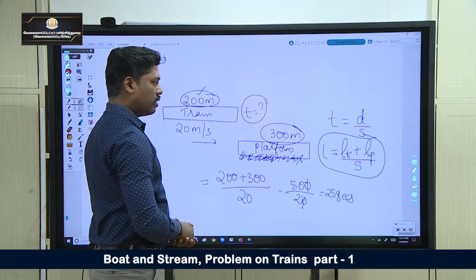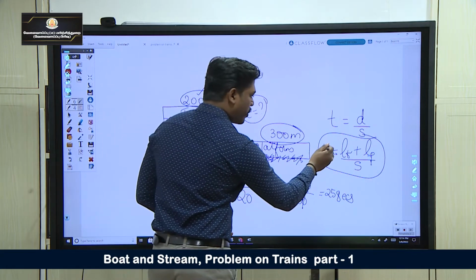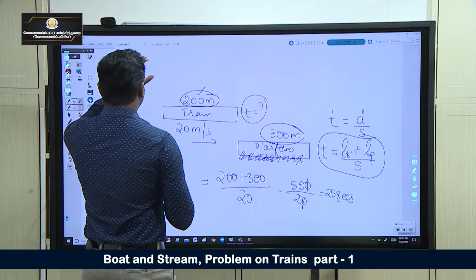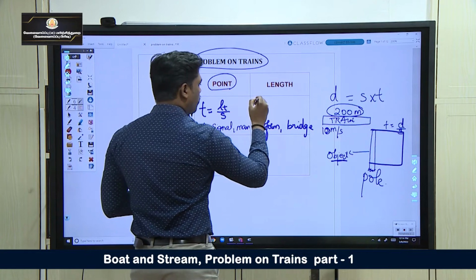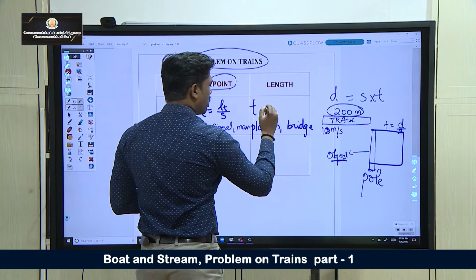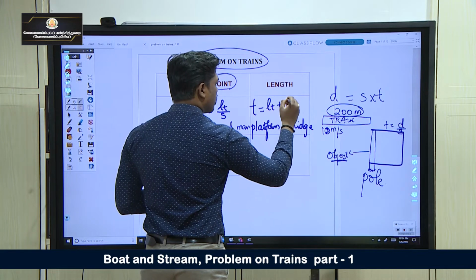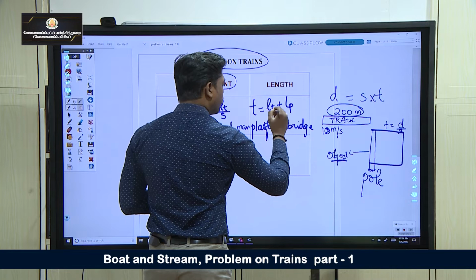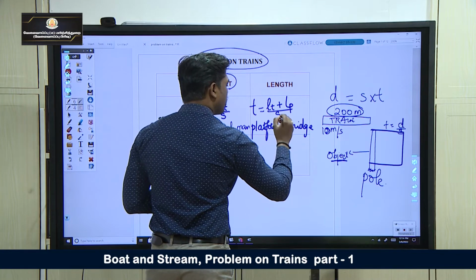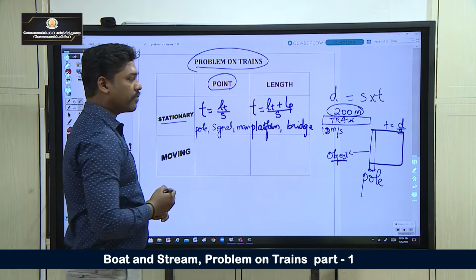Is that clear? So the formula to be noted here is time is equal to length of train plus length of platform divided by speed of train here.